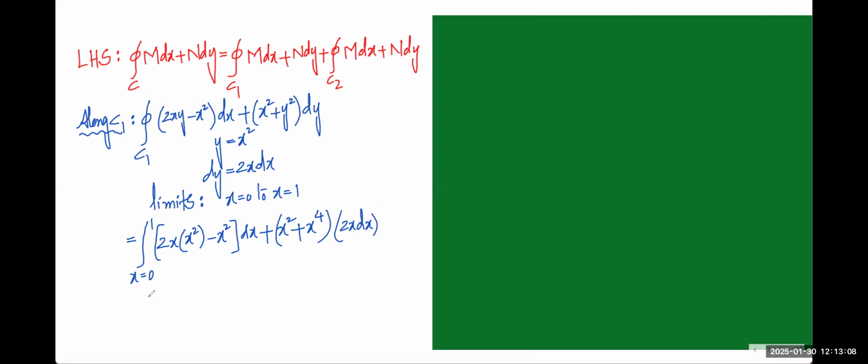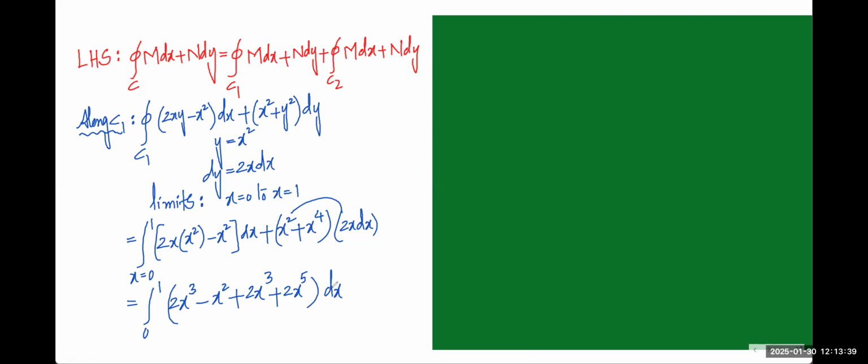We should simplify this, taking dx common. Of course, the limits are 0 to 1 only. If you simplify, you will get 2x cube minus x square here. This also becomes 2x square multiplied with this 2x, we will get 2x cube again plus 2x to the power of 5, dx.